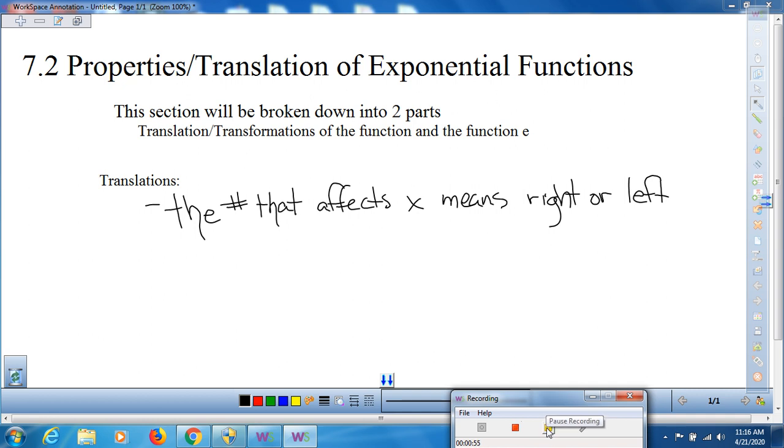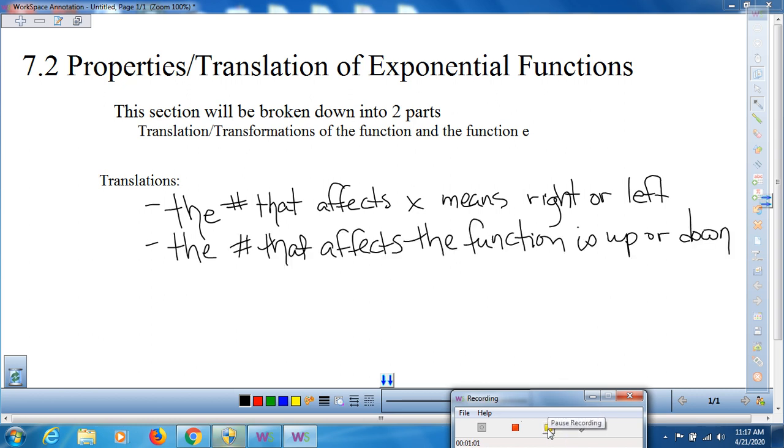We also talked about the number that affects y, or actually affects the whole function. It will make the function move either up or down. Also, that number we put in front of the function, we usually refer to it as the letter a. That is our stretch or our compress.